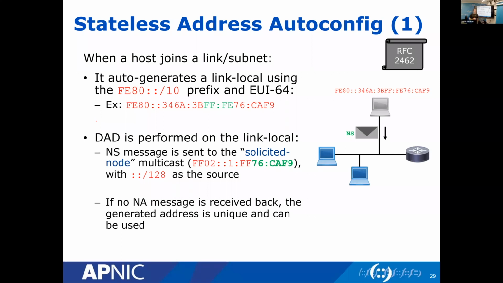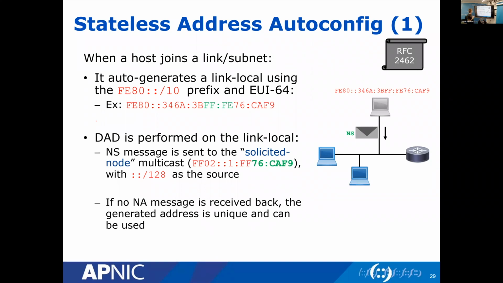So when we're doing SLAAC, we will auto-generate our link local using our EUI-64 address. Doesn't always happen this way in modern OSs, but like I said, on routers, it tends to do it. To make sure that we're not having the same addresses, we do what's called duplicate address detection.